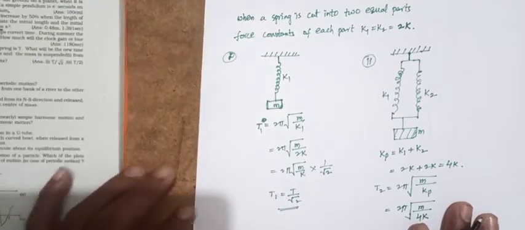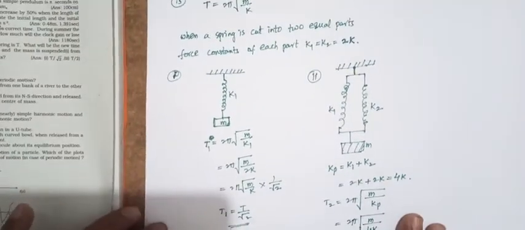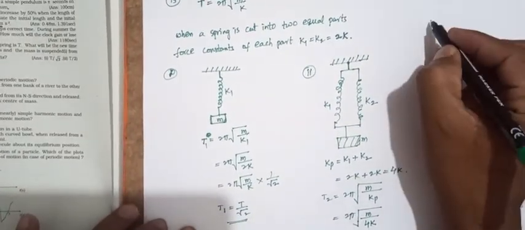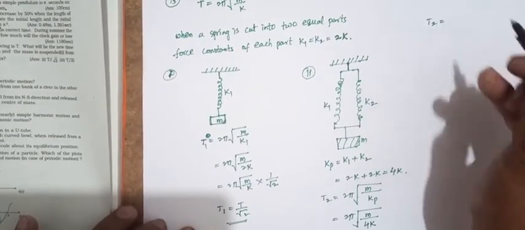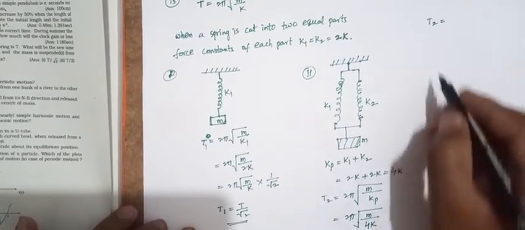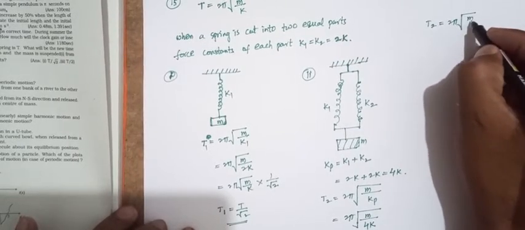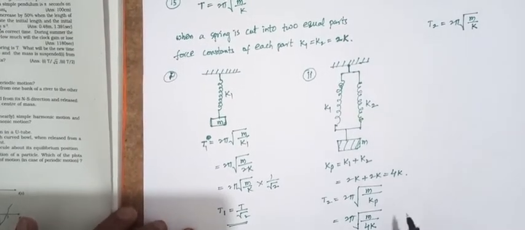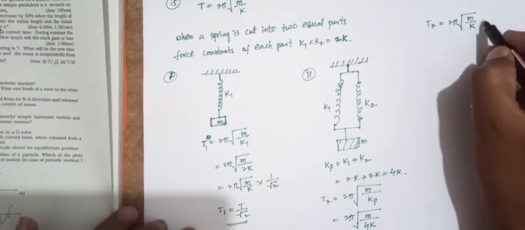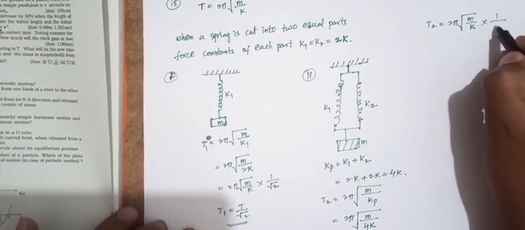So t2 equals 2 pi square root of m by k into 1 by root 4.